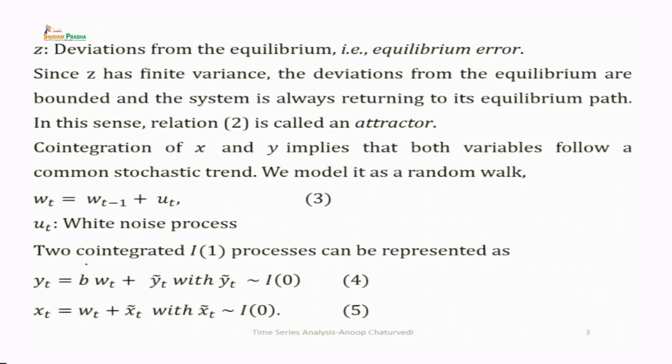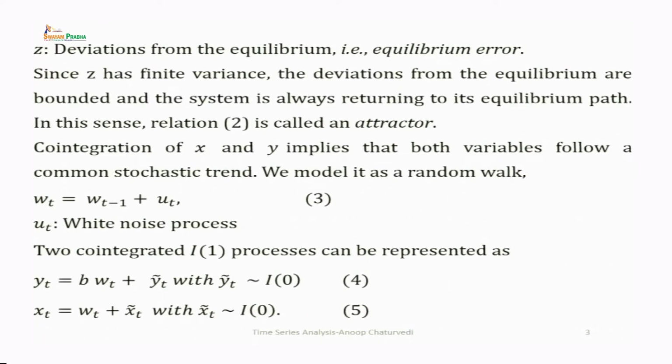Then the two co-integrated I1 processes can be represented as y t is equal to B W t plus y t curl, where y t curl is an I0 process, and x t is equal to W t plus x t curl, where x t curl is also an I0 process.